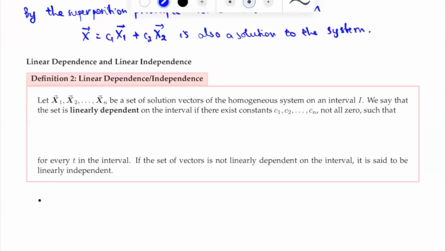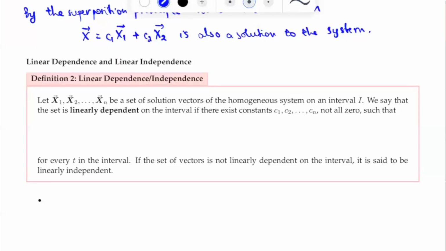It's easier to calculate. Before the Wronskian, we want to recap the concept of linear dependence and linear independence. Suppose you have a set of solution vectors X1, X2, up to Xn of the homogeneous system, not the non-homogeneous one.